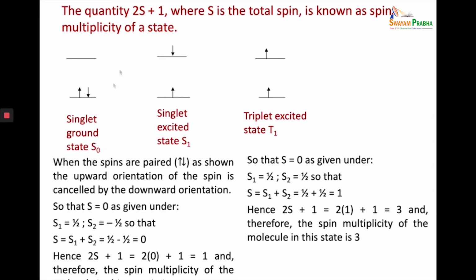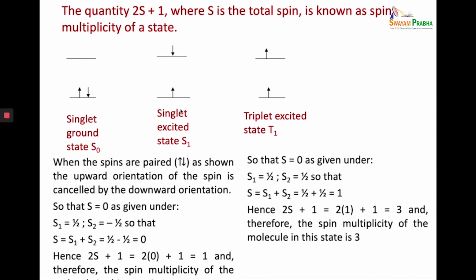Similarly, this molecule may absorb a suitable quantum of energy, and one of the electrons goes to a higher excited state. The spin orientation of the two single electrons may be either parallel as shown here, or anti-parallel as shown here.